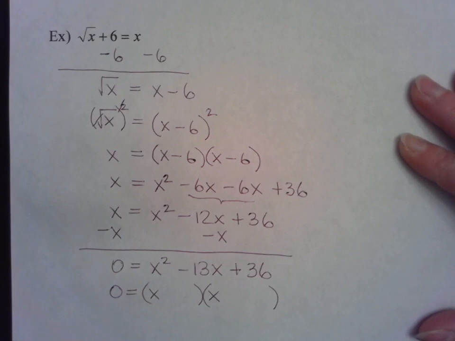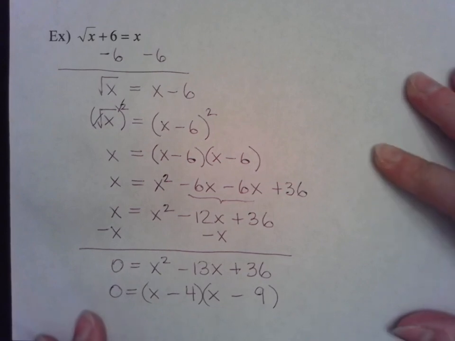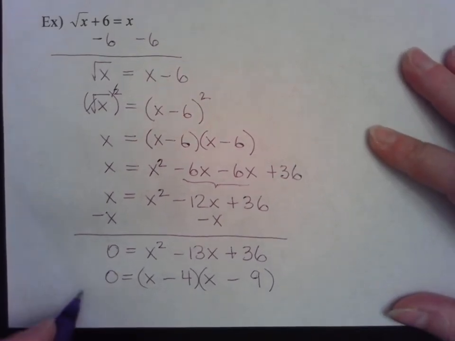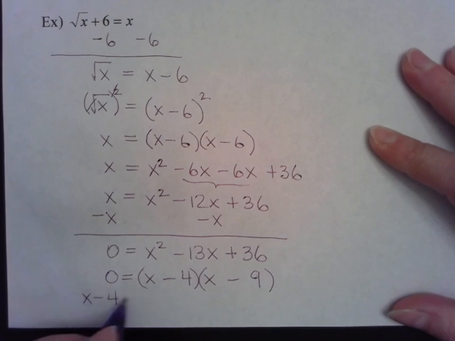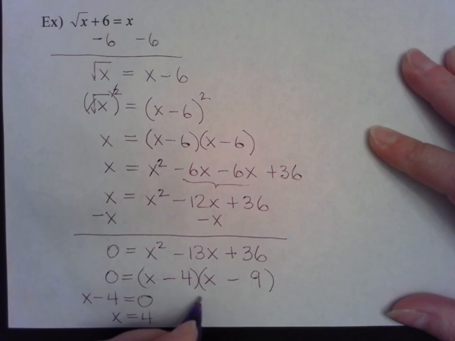Okay, so I need two numbers that multiply to be 36 and add to be negative 13. I'm thinking 9 and 4 might work with two negatives. Okay, so the last step here, if I set each of those equal to 0, I'm going to get two possible answers: 4 and 9.